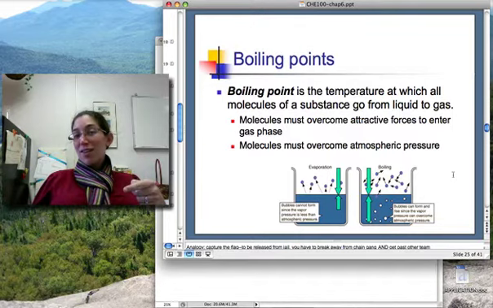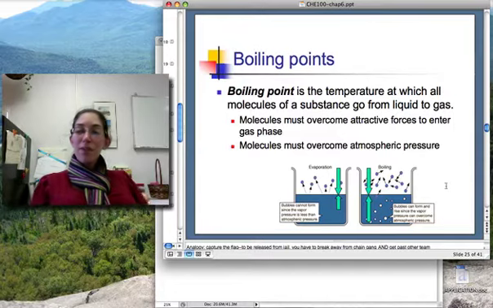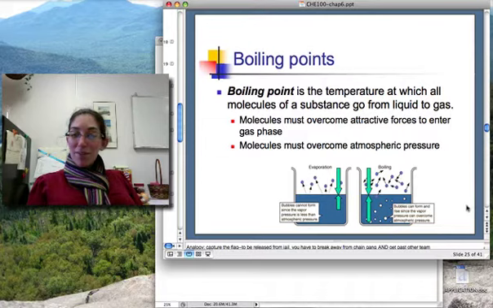You have to get tagged, so you have to break the chain gang, and two, you have to get safely to the other side. So same thing, molecules, like in a liquid, they have to break the intermolecular forces and they have to break out against the pressure of the air pushing down. So that is how boiling occurs.